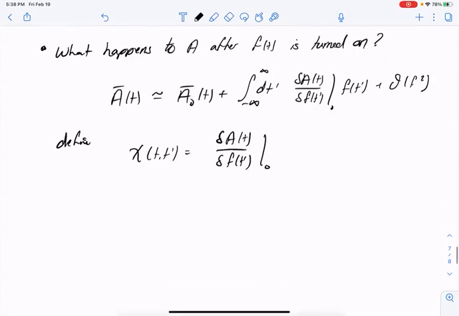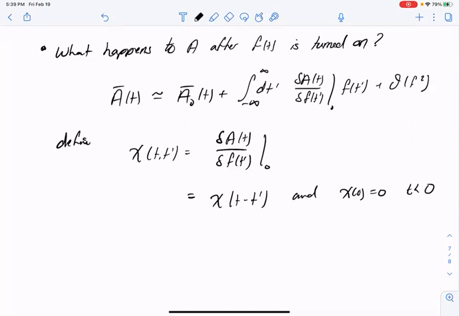And note that if I start in an equilibrium, if the reference is an equilibrium reference, chi of t comma t prime is equal to chi of t minus t prime due to the stationarity of equilibrium time correlation functions. And it must be that chi of t is 0 for t less than 0.